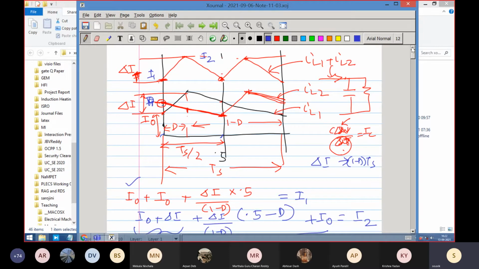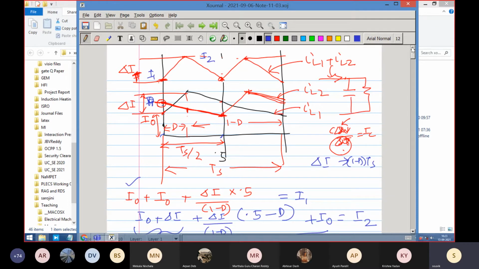And what should remain with you from this discussion is that this is helping the capacitor a lot, hugely. First of all, it is changing the frequency. The IL1 plus IL2 has a different frequency than IL1.